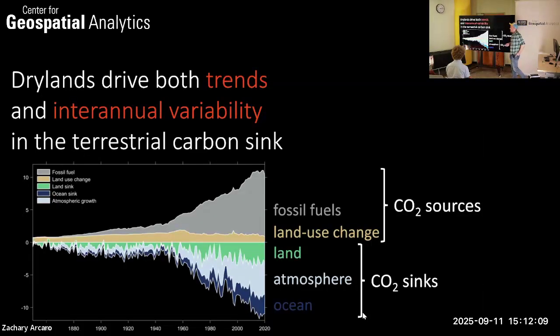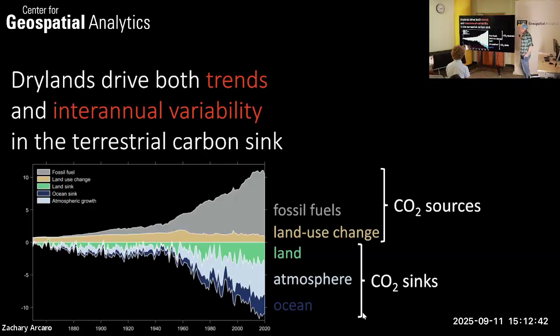From a climate perspective, we also care about drylands because they're really important in the terrestrial carbon cycle. So here I'm showing, just back to the pre-industrial age, our emissions of carbon dioxide from fossil fuels and land use change, and where those emissions go. And there's basically three places that those emissions can go. They can go to terrestrial ecosystems through net ecosystem production, they can stay in the atmosphere, or they can go into the oceans through biological production in the oceans.